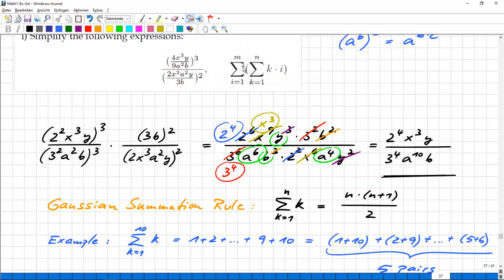Now, the first thing is, if you sum up over k, you note immediately that the factor of i is constant regarding this summation. Since it's constant, it means it's not affected by this summation. And this again means that you can put this factor of i outside of this sum, but not, please be careful, outside of all this.